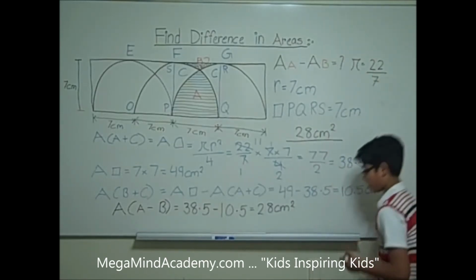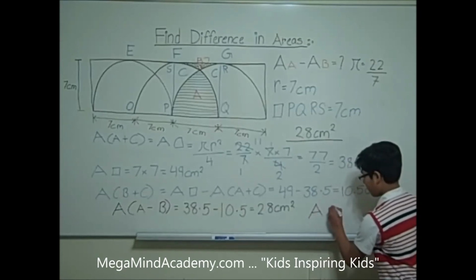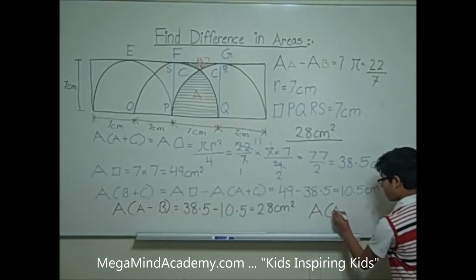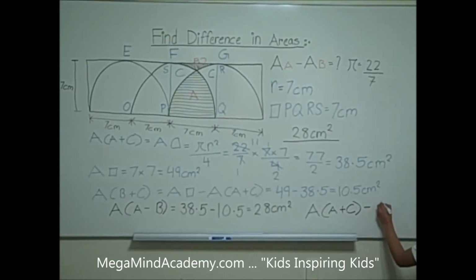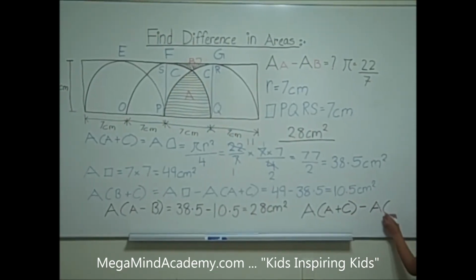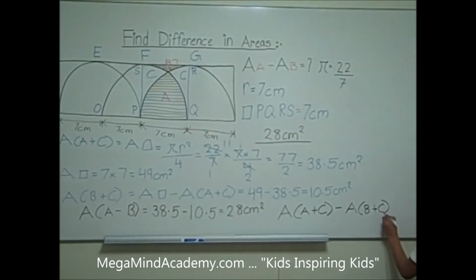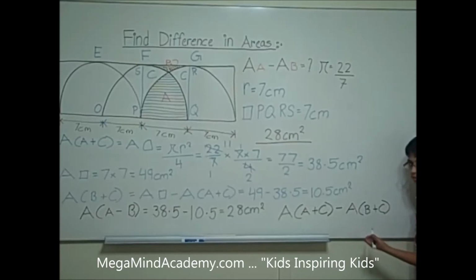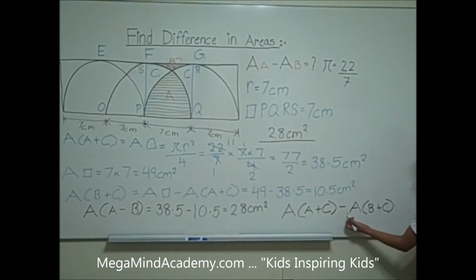So the area of portion A plus portion C minus the area of portion B plus portion C. So the C gets added once here, but C also gets subtracted once because plus and minus makes it minus.